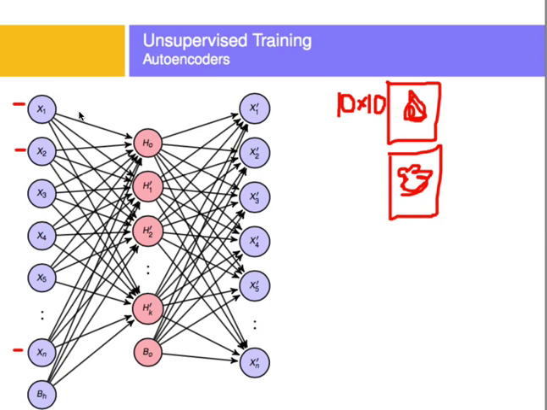I'm going to adjust the weights so that if I put this image in, I obtain the same image on this side. If this pixel had value 1, I want this one to have value 1. So in a way this is supervised: for this input, I want this output, which is the same.